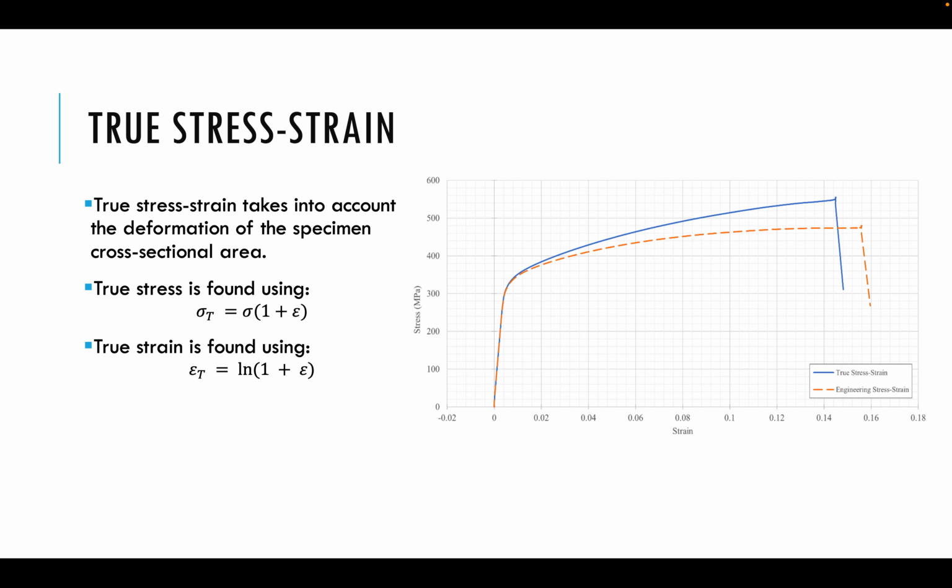Also, the true fracturing point is significantly sooner than on the engineering stress-strain plot. This fact could be important in application because knowing the true fracturing point comes sooner can prevent unnecessary breaking of the material.